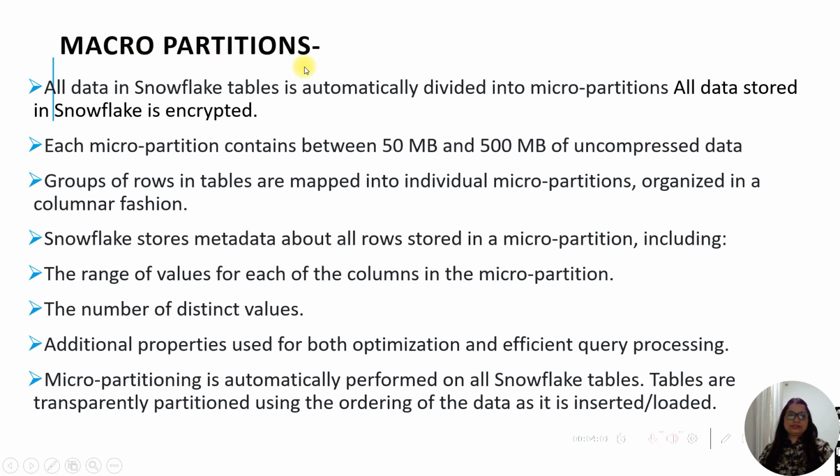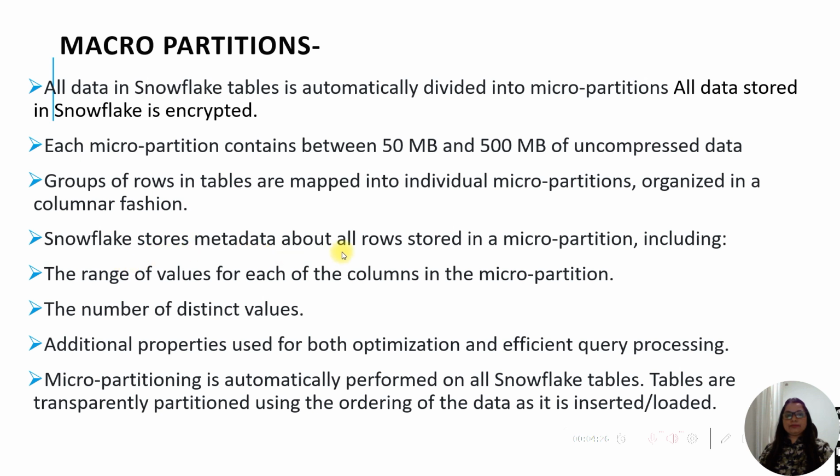Then micropartitions, as we already discussed: all the data in a Snowflake table is automatically divided into micropartitions. Data is encrypted. The size is 50 to 500 MB of uncompressed data, and groups of rows in tables are mapped into individual micropartitions and organized in a columnar fashion.